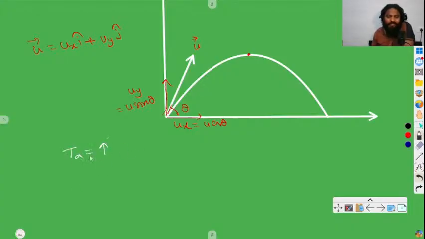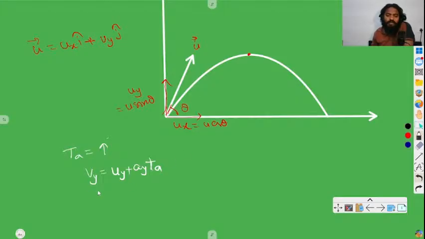To find it, I'll take parameters along the y-axis. Vy is equal to uy plus ay into t, where t is the time of ascent.